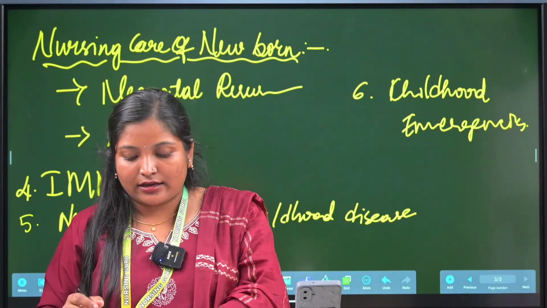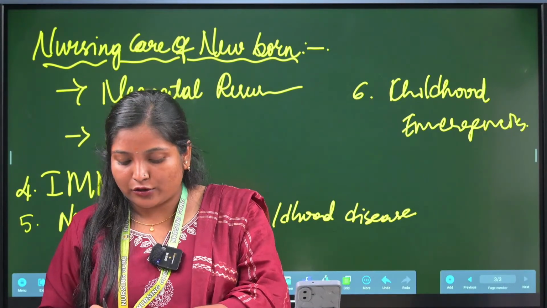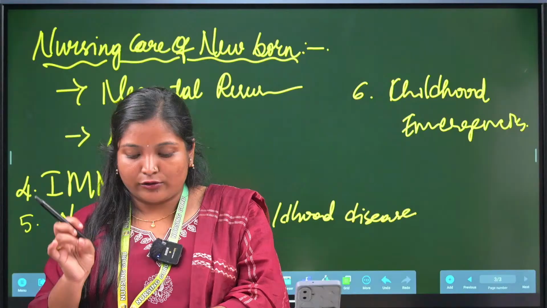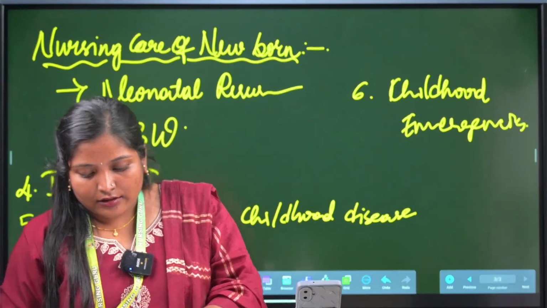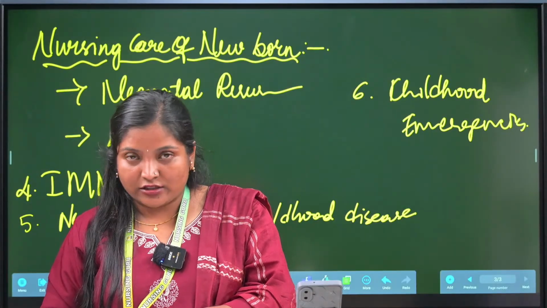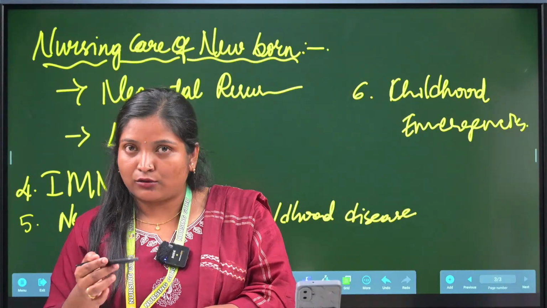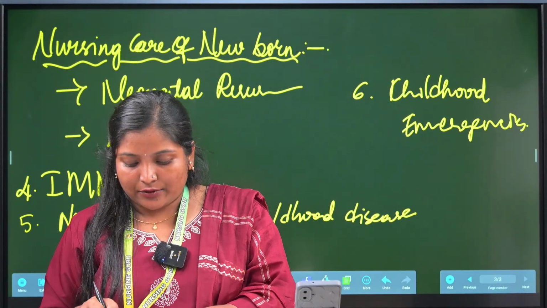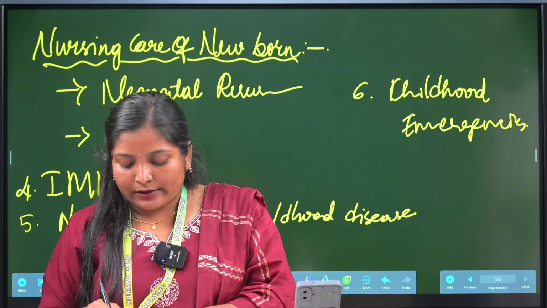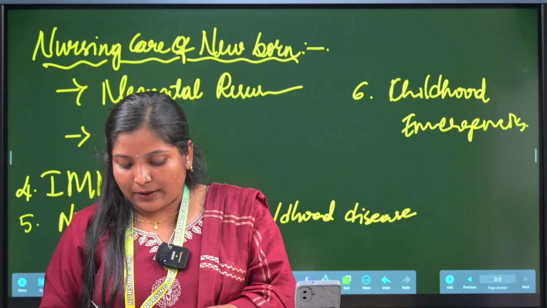Hematological conditions like hemophilia and thalassemia, and for sure thalassemia is a very important question, and others like anemia, leukemia, and idiopathic thrombocytopenic purpura. These relate to hematology, blood. Gastrointestinal conditions: cleft lip, cleft palate, congenital hypertrophic pyloric stenosis.